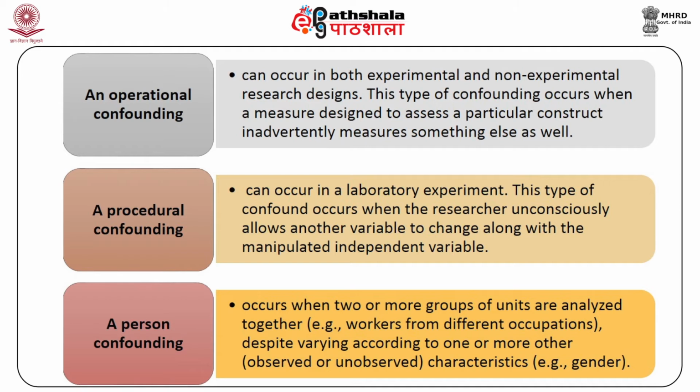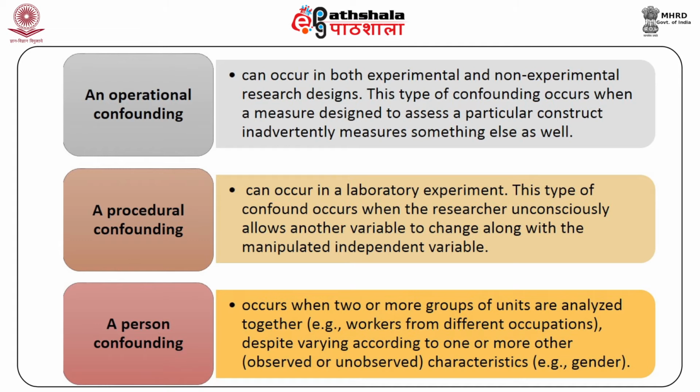A procedural confounding is when, in a laboratory experiment, the researcher unconsciously allows another variable to change along with the manipulated independent variable.